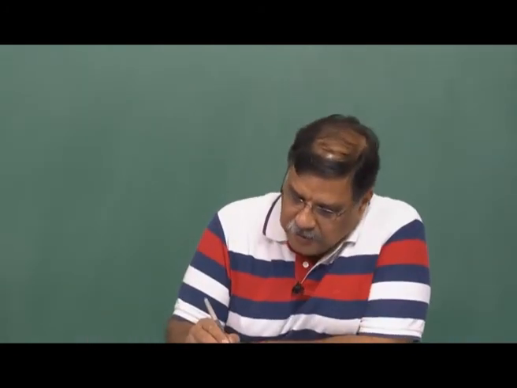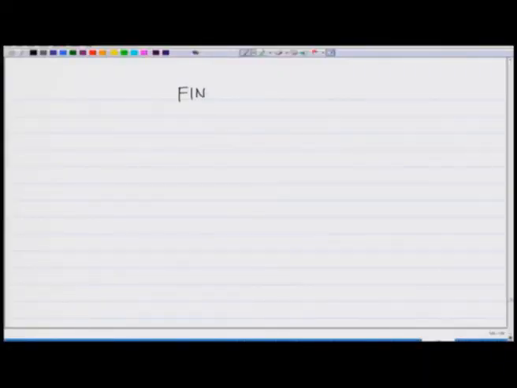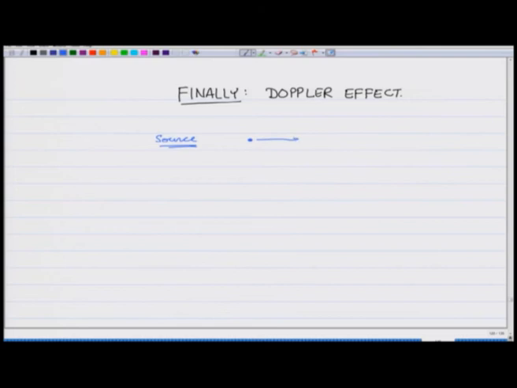And finally, in these lectures on oscillations and waves, we discuss something called the Doppler effect. What it concerns itself with is, suppose we have a source of waves and it is moving with some velocity v source, and I as an observer observe it from a certain point.